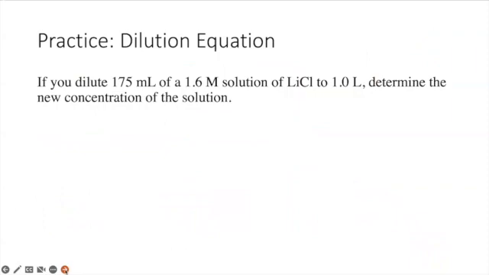So it says we're going to dilute 175 milliliters of 1.6 molar solution of lithium chloride to determine the new concentration. So let's think about this. I have a beaker. This is my initial, or my 1.